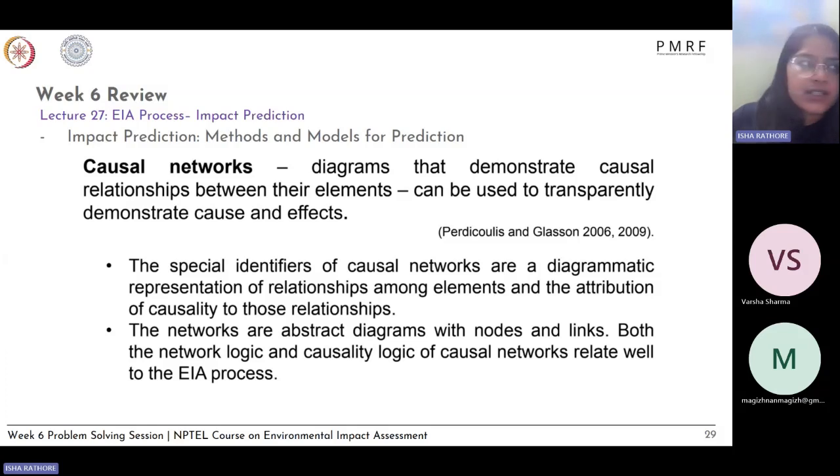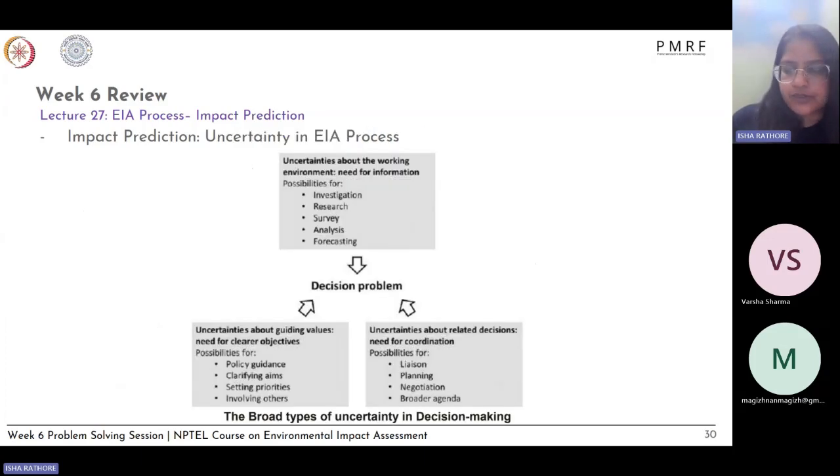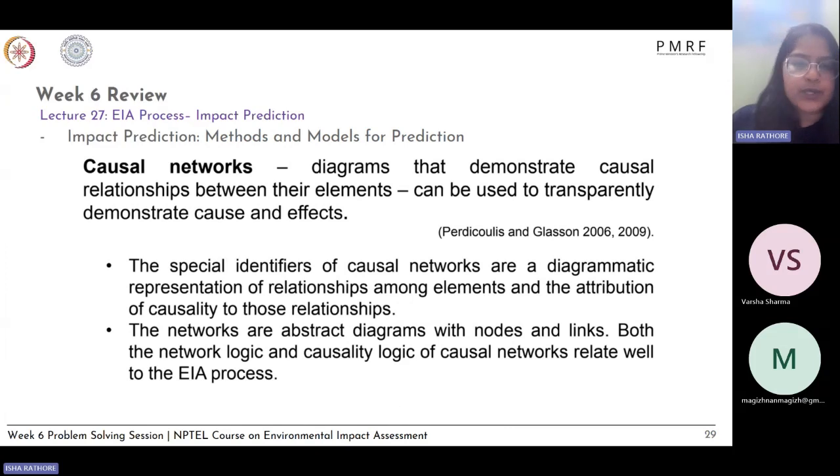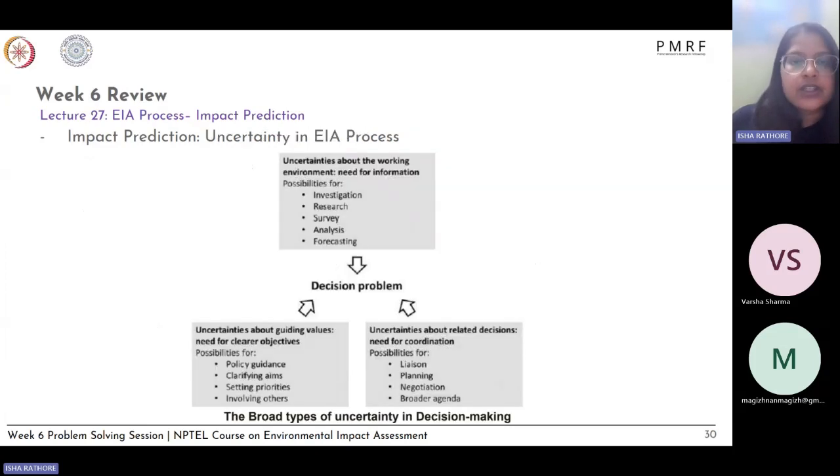These are basically abstract diagrams which have nodes and links. Both the network logic and the causal knowledge logic of the causal networks relate well to the EIA process. We will see these network diagrams further.